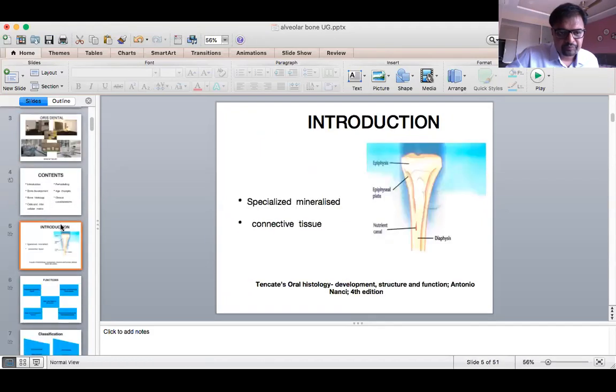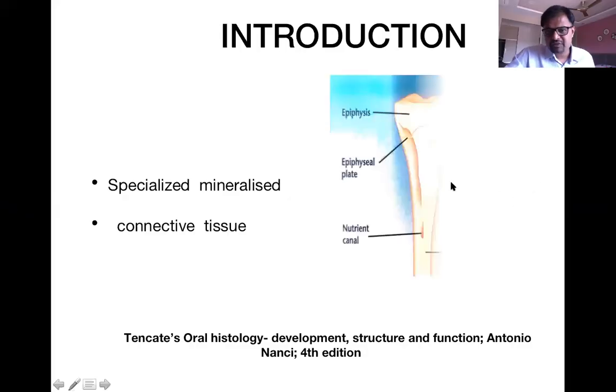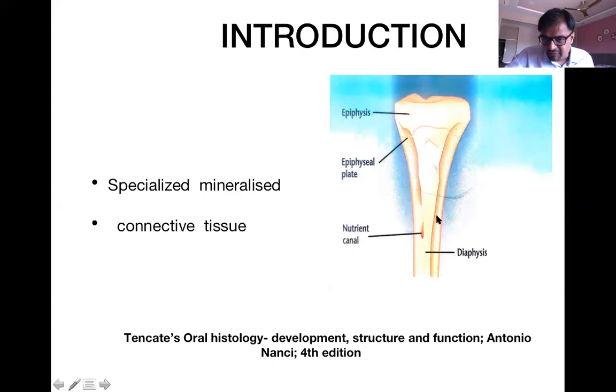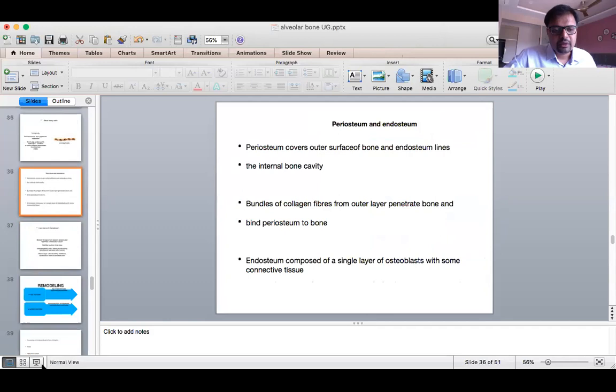If this is your bone, then the inner side, this is a vessel, nutrient canal vessel area. The inner side of this bone is covered by what we call the endosteum. So the periphery of the bone is covered by periosteum, whereas the inside part of the bone is covered by the endosteum. Both of them are very, very important, especially when it comes to repairing an injured or damaged bone.